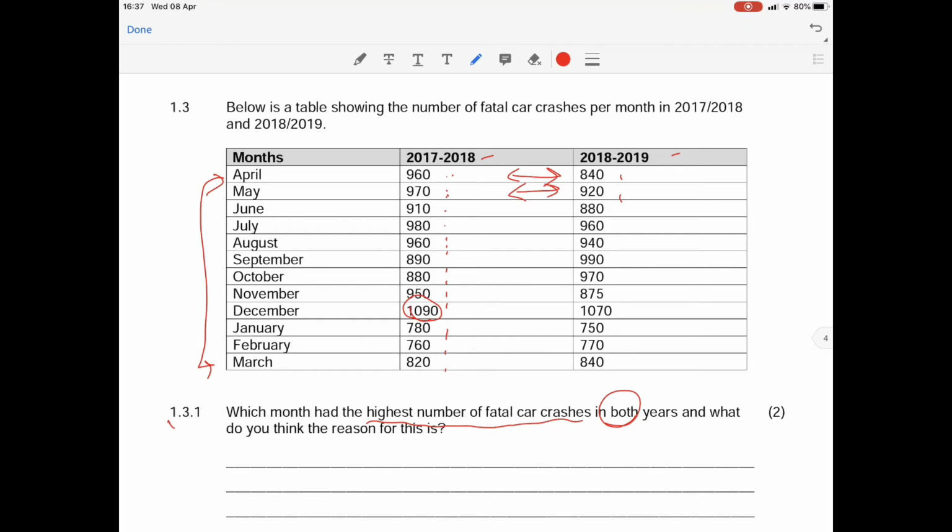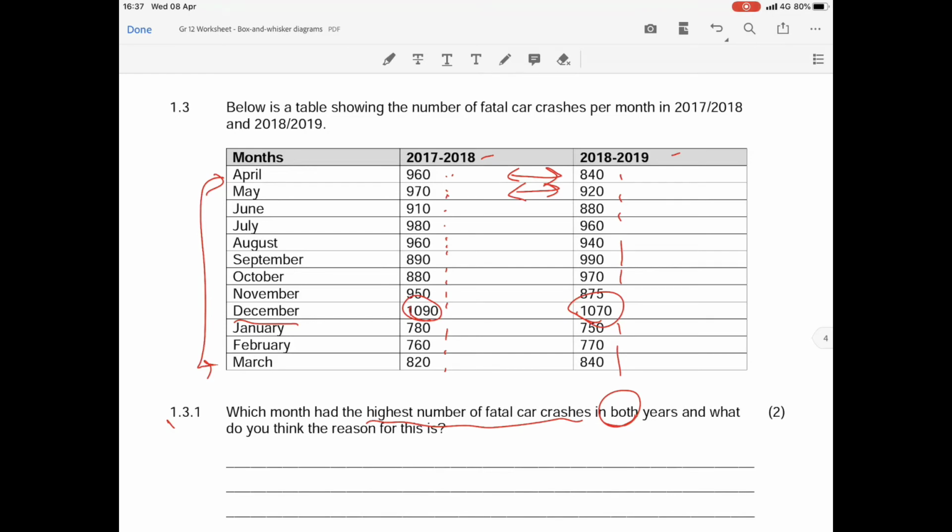Your highest is obviously 1,090. And over here, same thing, obviously 1,070 is your highest. And they both correspond to December. And so the answer is December had the highest number of fatal car crashes. And this has probably got to do with the fact that this is your peak holiday period in South Africa, where there are a lot more cars on the road. And also you've got a lot more people a bit jovial, especially around Christmas and New Year, perhaps driving under the influence.